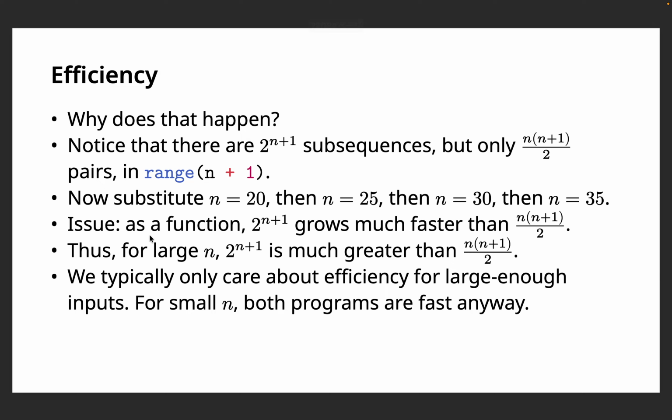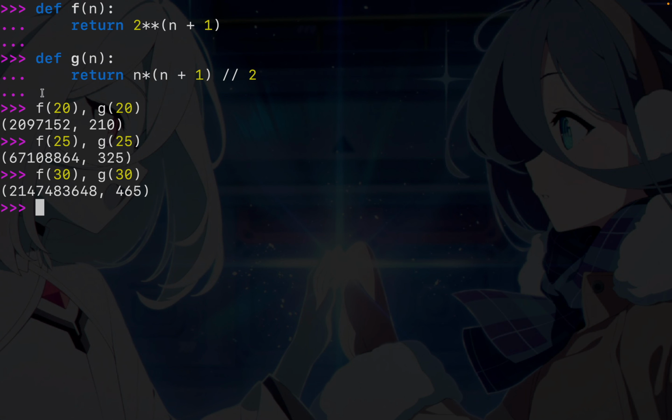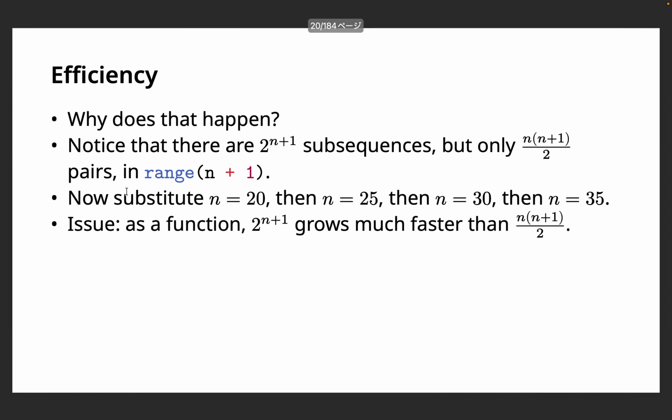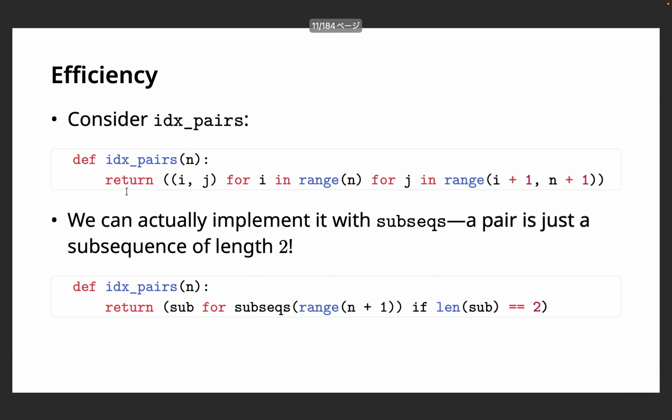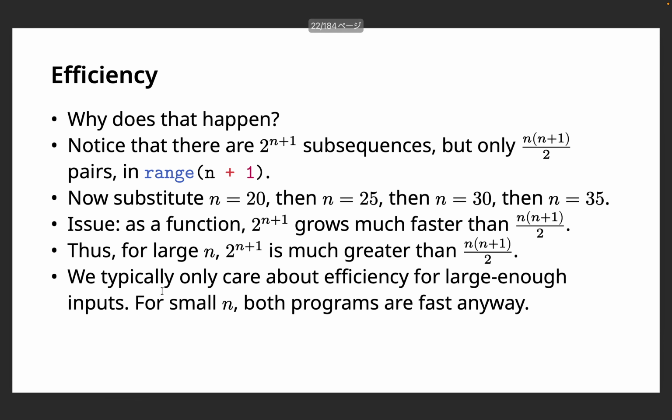Okay, so note that when it comes to comparing how fast two different functions, for example the ones here, take, we usually compare them using large inputs. Since for small inputs, again, we mentioned that our computer is very fast.